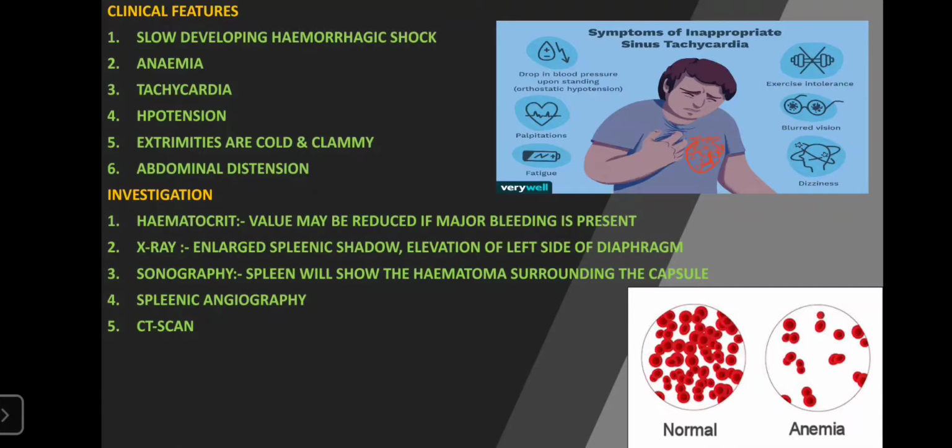We can also go for X-rays, where the enlarged splenic shadow and elevation of the left side of the diaphragm is seen. We can also go for sonography, in which the spleen will show the hematoma surrounding the capsule. Other investigations that can be done in rupture of spleen are splenic angiography and CT scan.